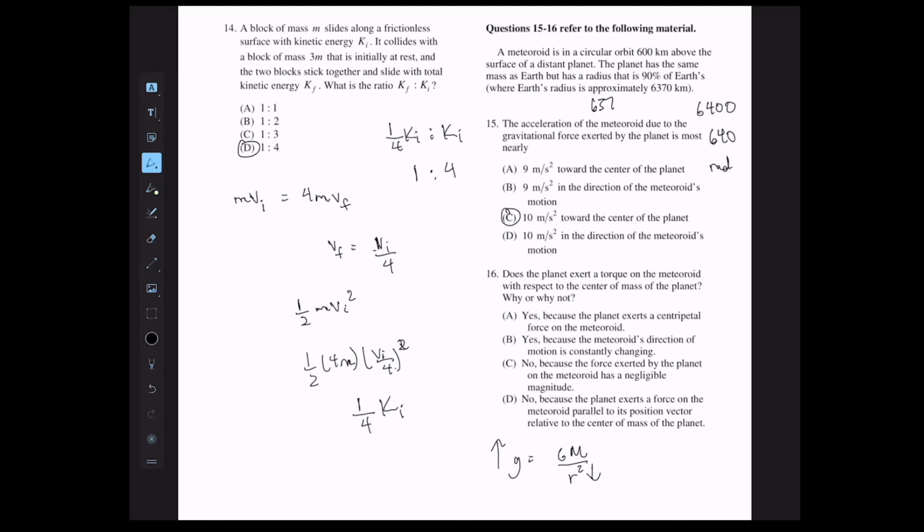No, it does not. D is the correct answer, because the planet exerts a force towards the center of the mass of the planet, but it's parallel to the meteoroid's position vector. So there's no perpendicular component to the force, so the torque is 0.